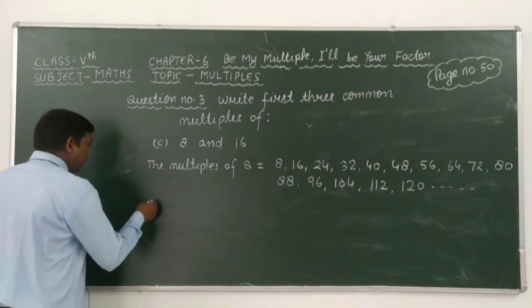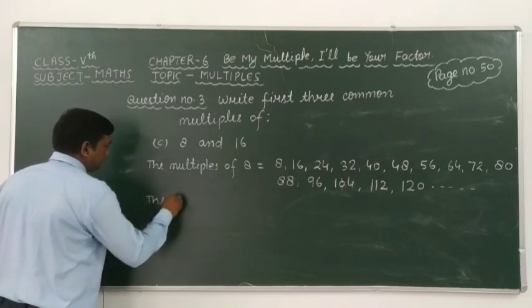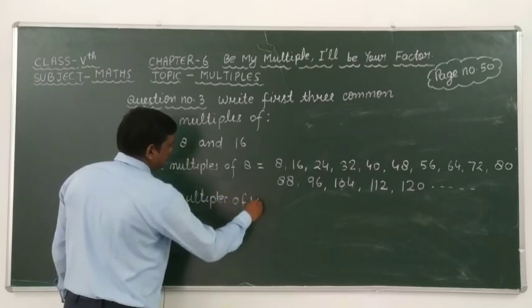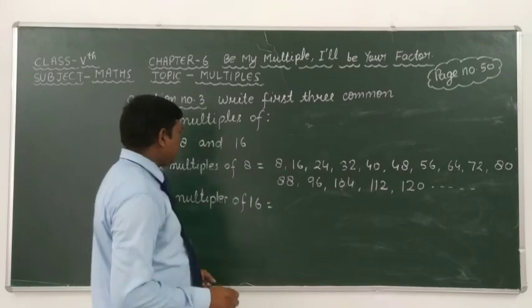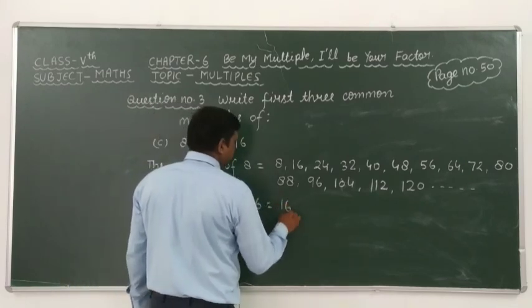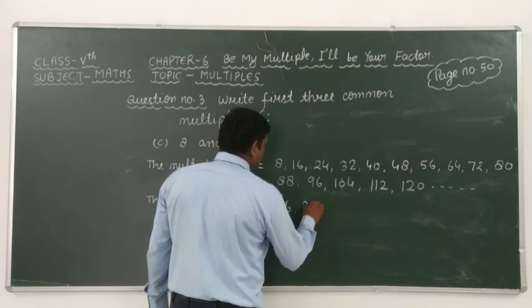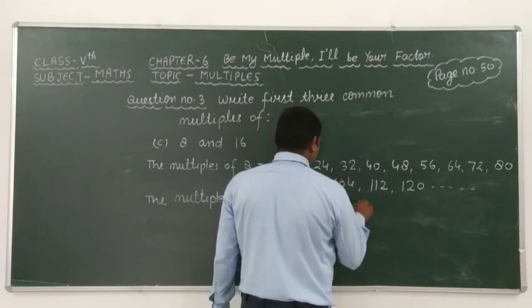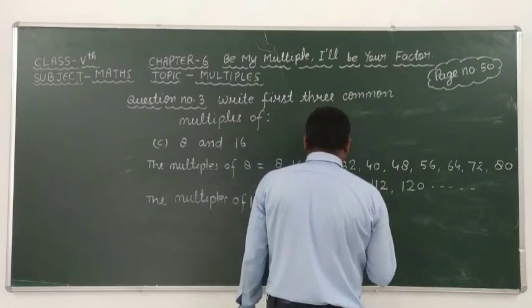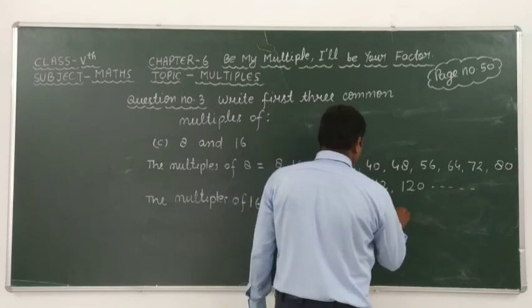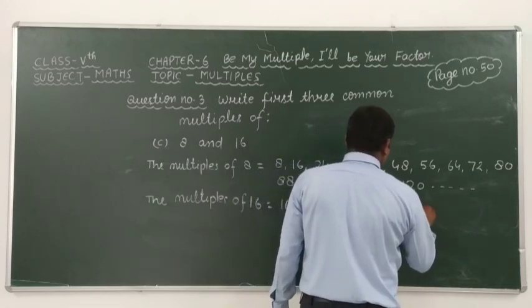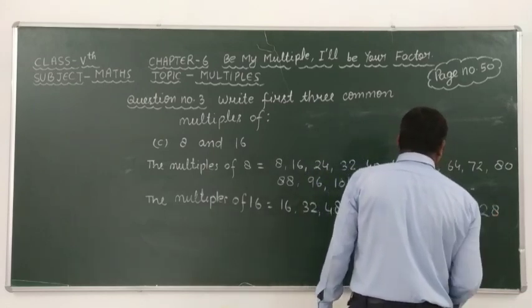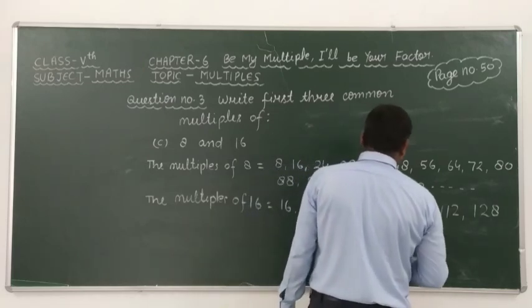Then the multiples of 16 are, look at it carefully, 16 1s are 16, 16 2s are 32, 48, and so on.